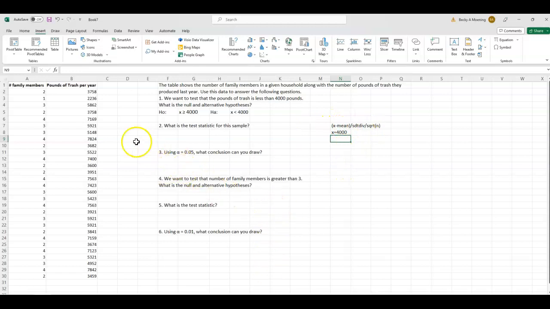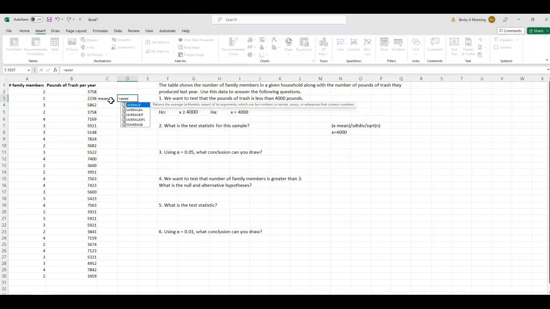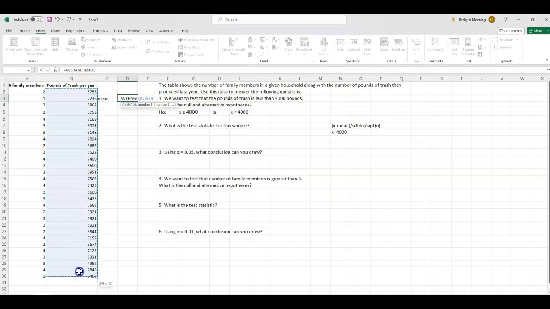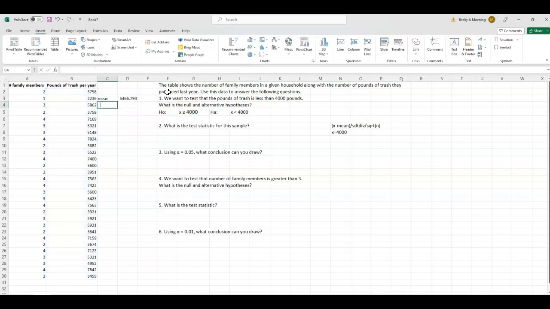So let's go ahead and find the mean of the trash. We can do that by typing equals AVERAGE, and I'm just going to click on the first one and drag to the bottom. You can also just type in the cell references B2 to B30. And I have my average. Then I need my standard deviation.